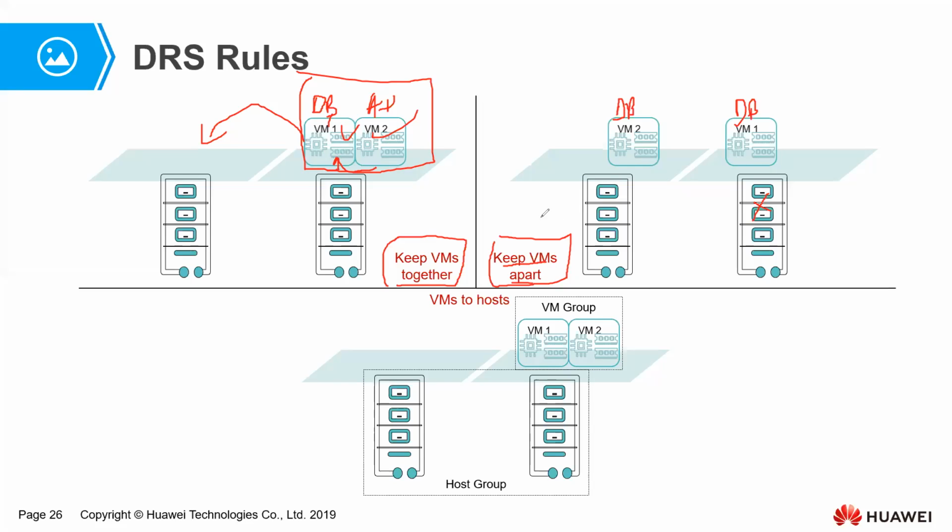So we also see another one, virtual machines to hosts. Okay, so this rule associates a virtual machine group with a host group so that a virtual machine in the specific virtual machine group can be configured to run only on the specific hosts in that group.